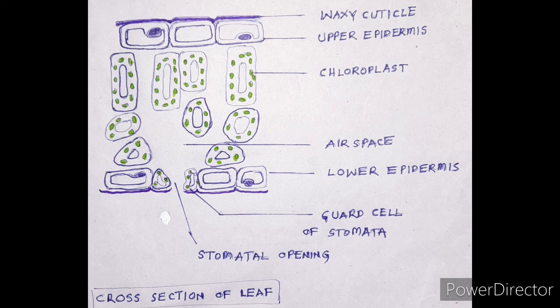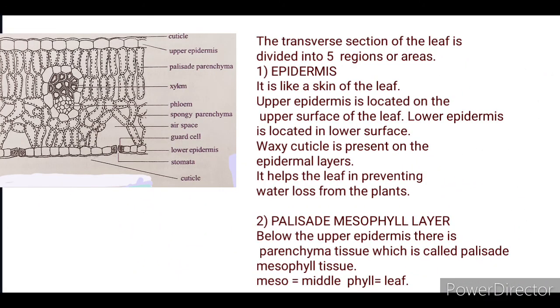They contain chloroplasts, and there are air spaces above the lower epidermis with stomatal openings. All are present. This is the simple picture of a cross section of the leaf. And let us find one more picture that is taken from the midrib region of the leaf.